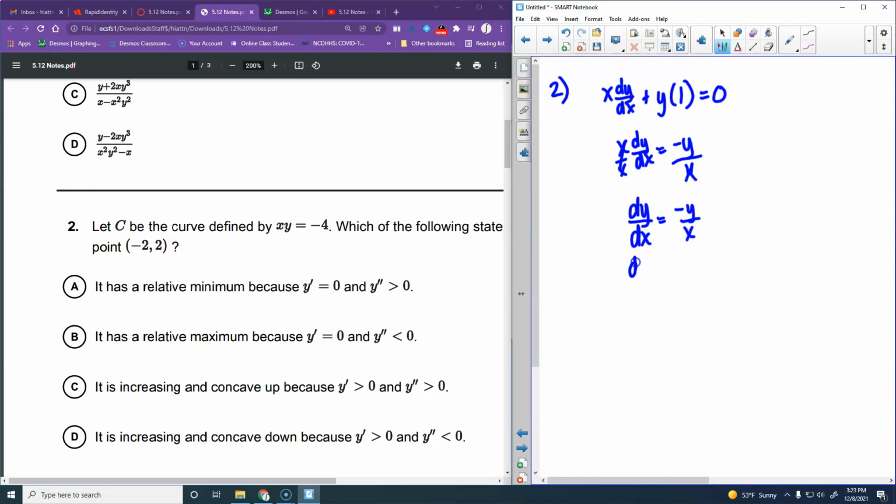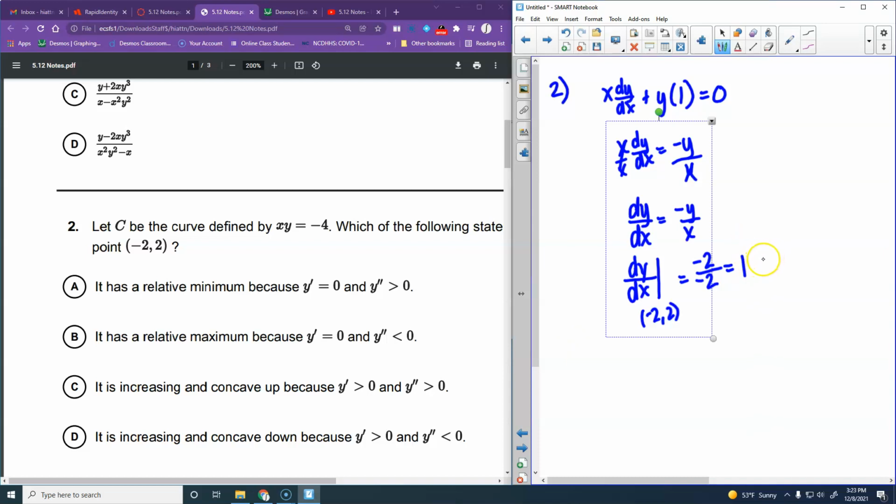And if we want here, we could go ahead and plug in our point just to see what happens there. We've got -2, 2. And so if we plug in -2 and 2 here, we will end up with -2 over -2, which will give us 1. So my first derivative equals 1.